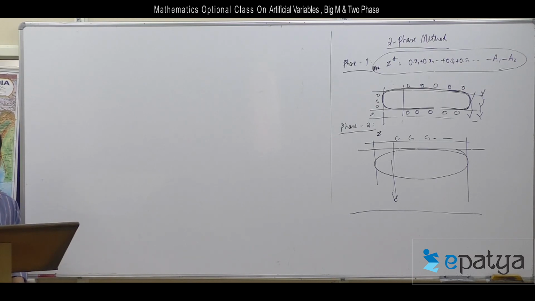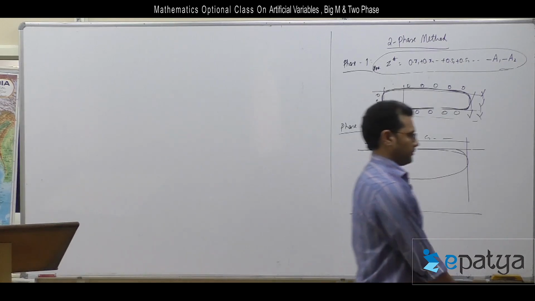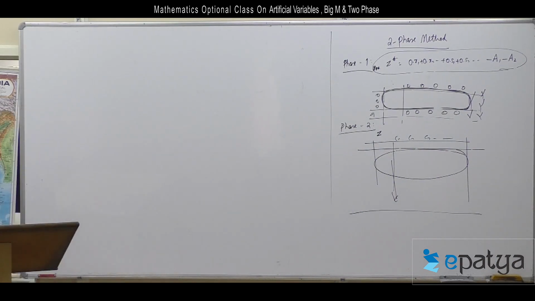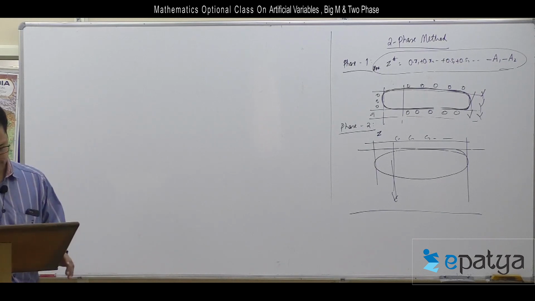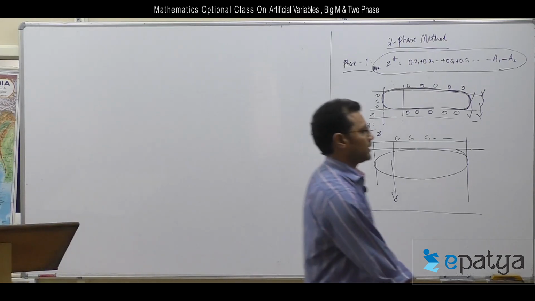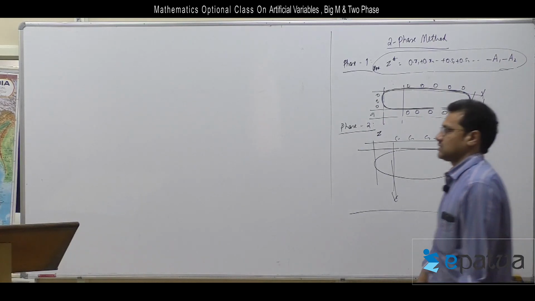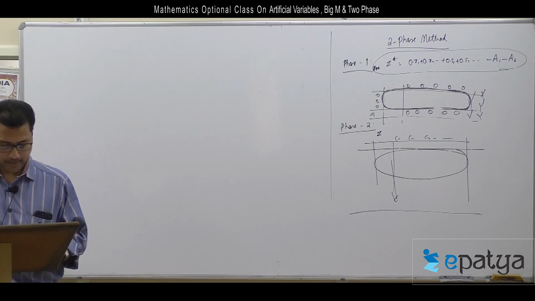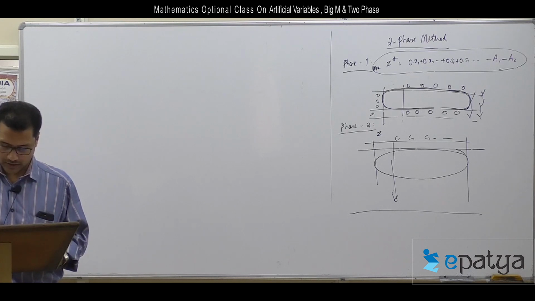Use the optimum feasible solution of phase 1 as the starting solution of phase 2 with the original objective function, that is, original cost to all the variables.